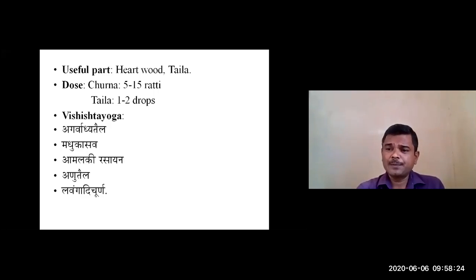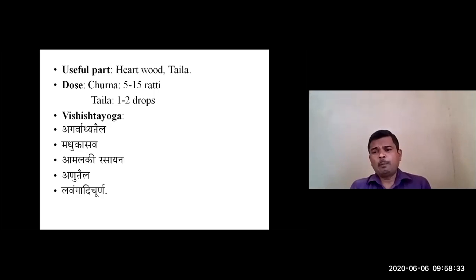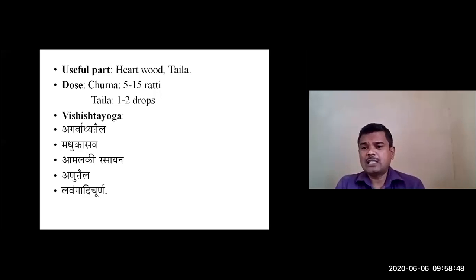There are so many such drugs, and in the examination or viva they may ask which drugs have Kanda Sara, or heartwood, as the useful part. They may ask you to give any 5 or any 10 drugs in which Kanda Sara is the useful part, or any 5 drugs in which Phala or Valkala is the useful part.